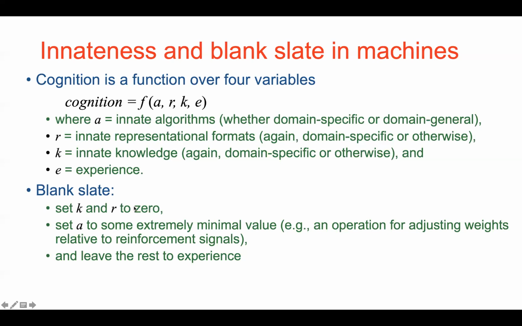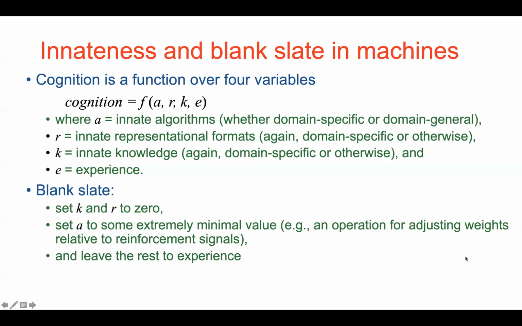Set K and R to 0. Blank slate means there is no innate representation. There is no innate knowledge. And set A to some minimal value.